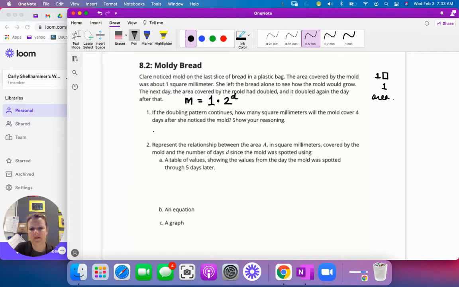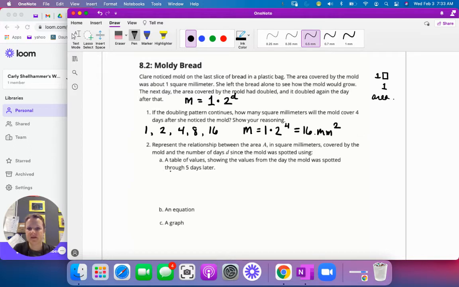So if the doubling pattern continues, we could just do the pattern, which is day 0, then day 1 doubled, day 2 doubled, day 3 doubled, day 4 doubled. Or we could use the equation. The amount of mold equals the initial amount times doubling to the 4th power, which would also give us 16. So it's 16 millimeters squared.